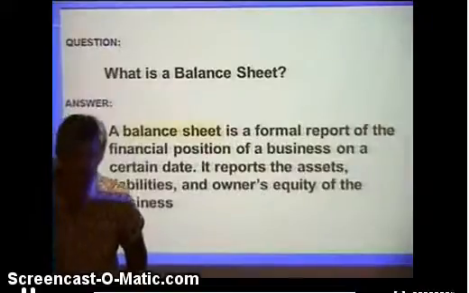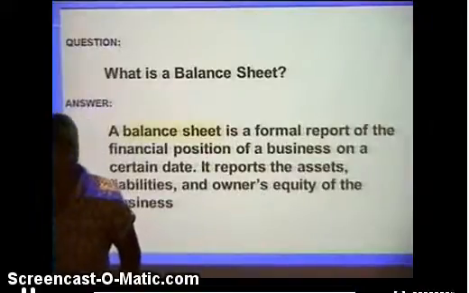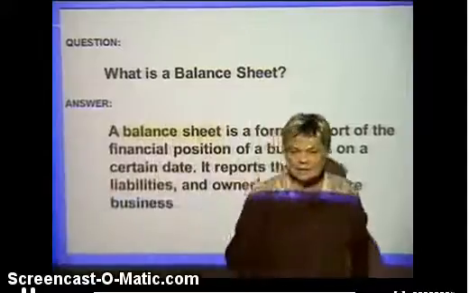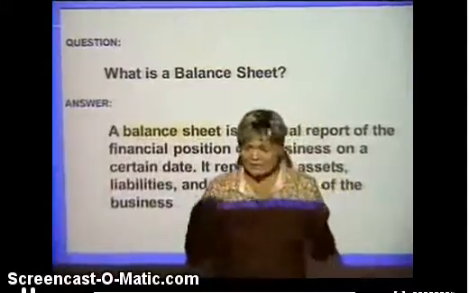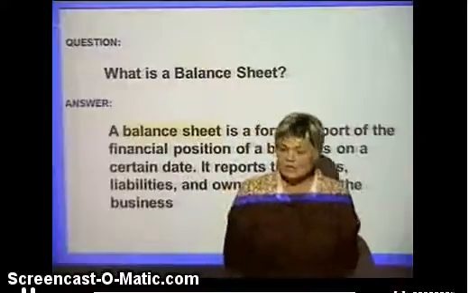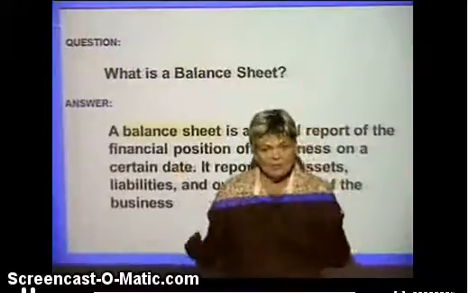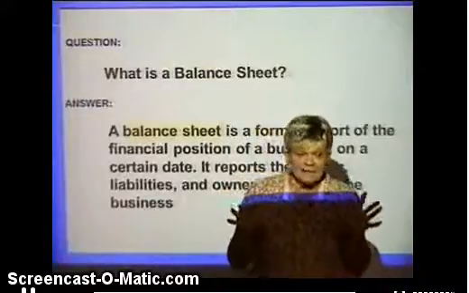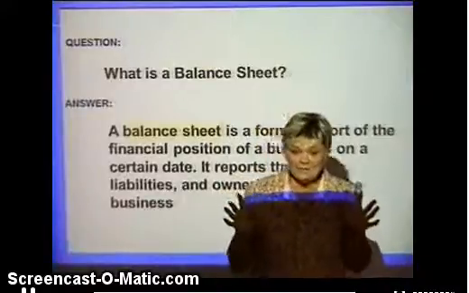You're going to show assets on one side with an equal sign, and on the other side, the liability amount and the owner's equity amount. And they have to be in balance, thus it's called the balance sheet.